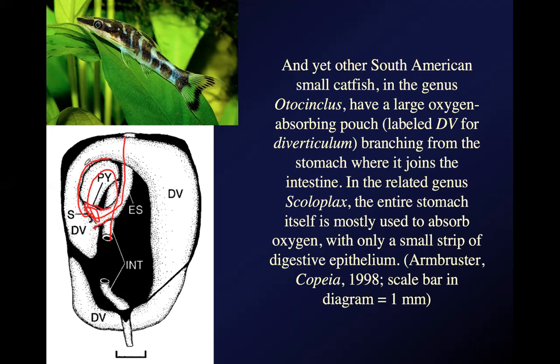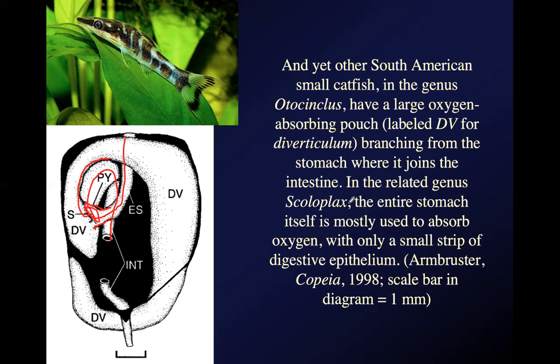So first of all, these are examples of exaptation. They're not really evolving anything new. They're taking what's already present. This diverticulum is basically just an expansion of part of the stomach. It's an extra pouch, but it evolves from the stomach. It's made of the same stuff as the stomach.